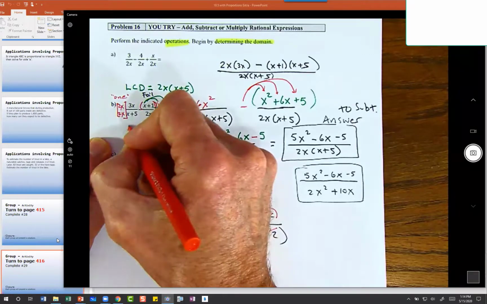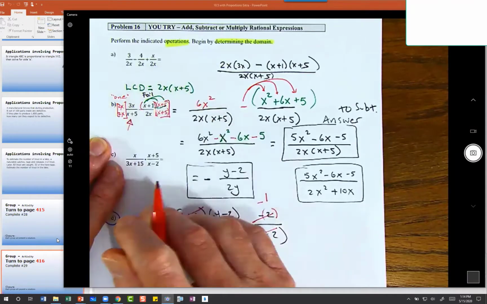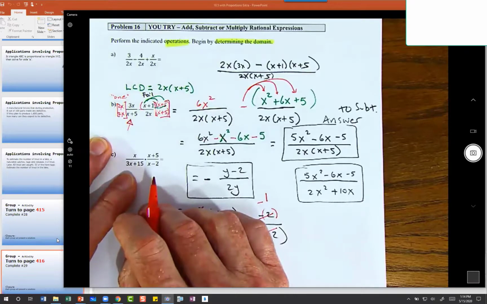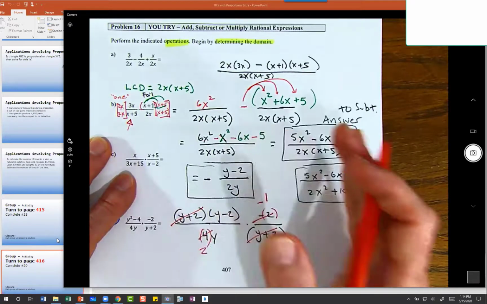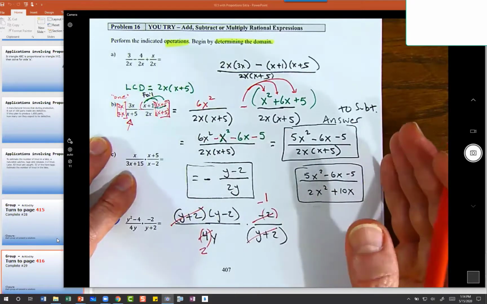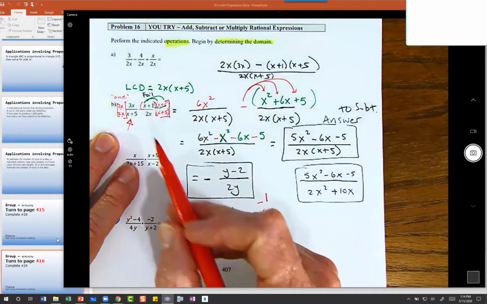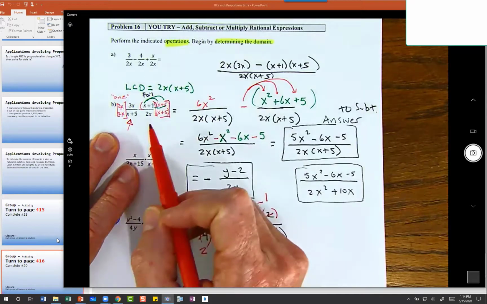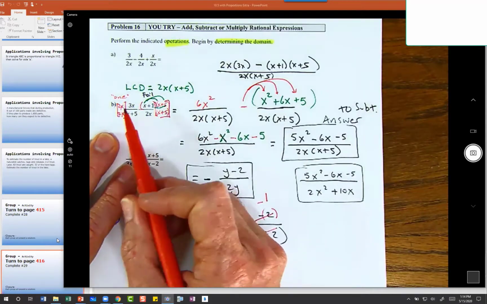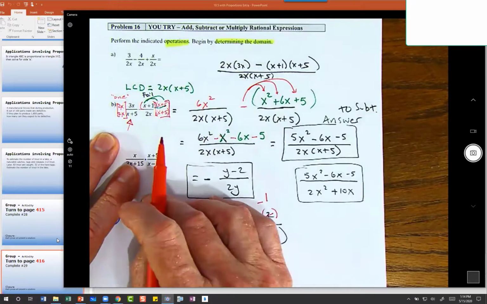We would have to set it to equal or not equal 0, right? Exactly. You can set it not equal to 0 and solve it, or sometimes you can do it intuitively. The denominator cannot be 0. What's the bad number that I should plug in there that would make it bad?